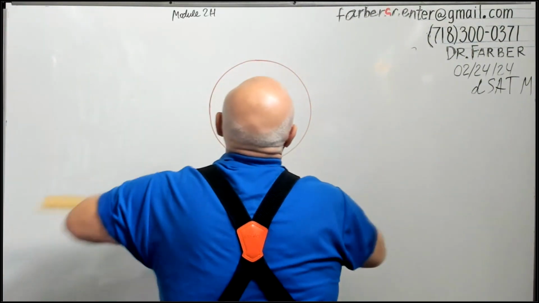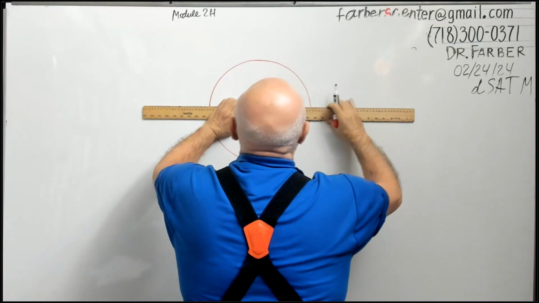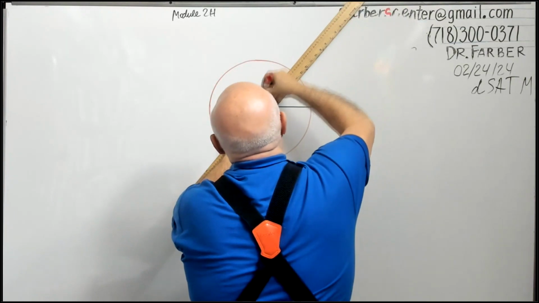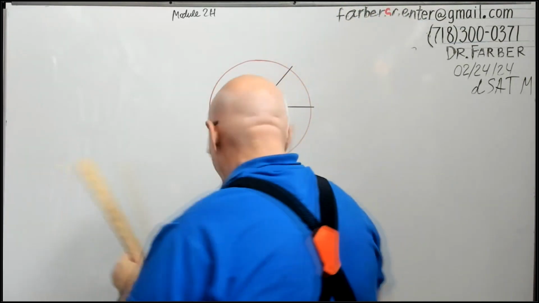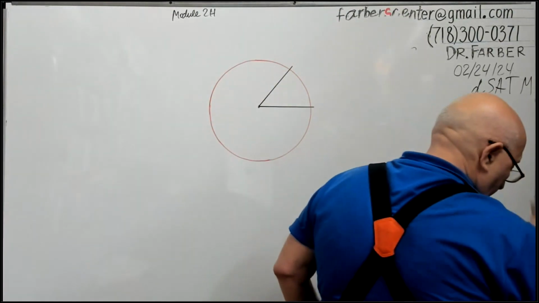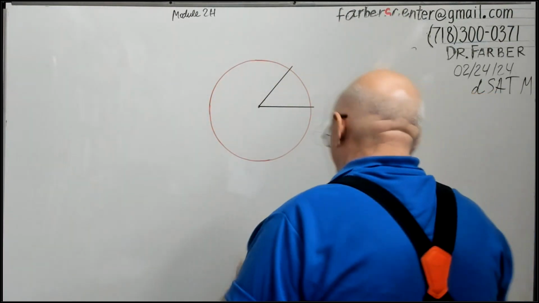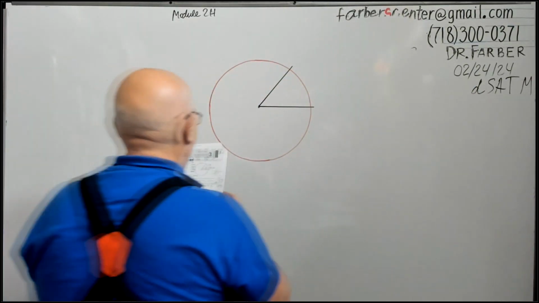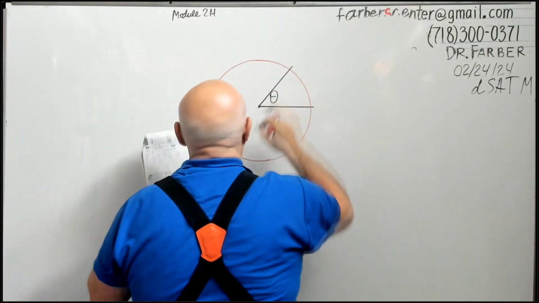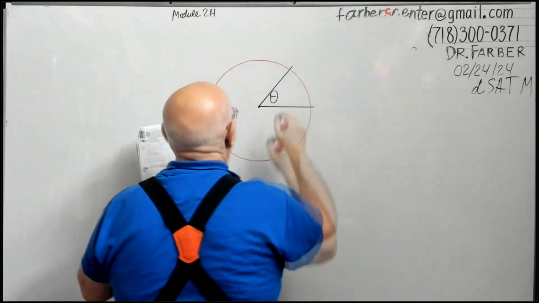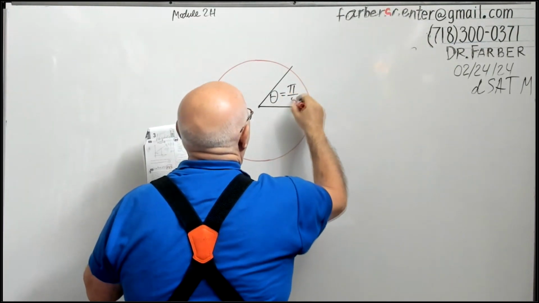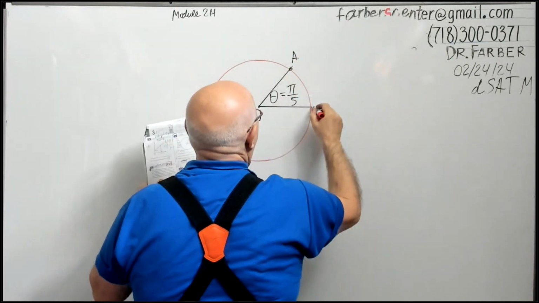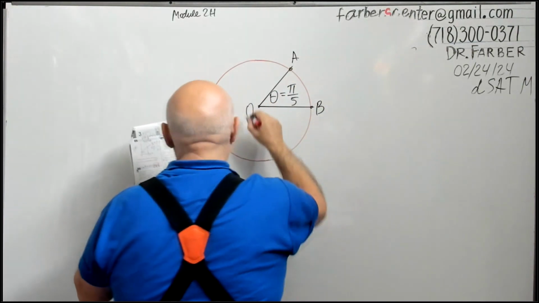Pretend this is the center. And we have a central angle. What is given? Theta equals pi over 5. And this arc AB, the center. What else is given?